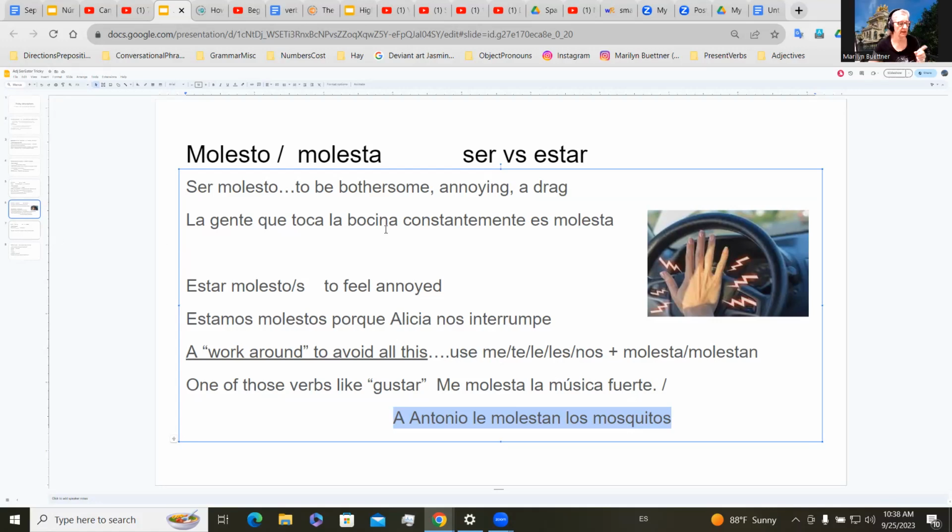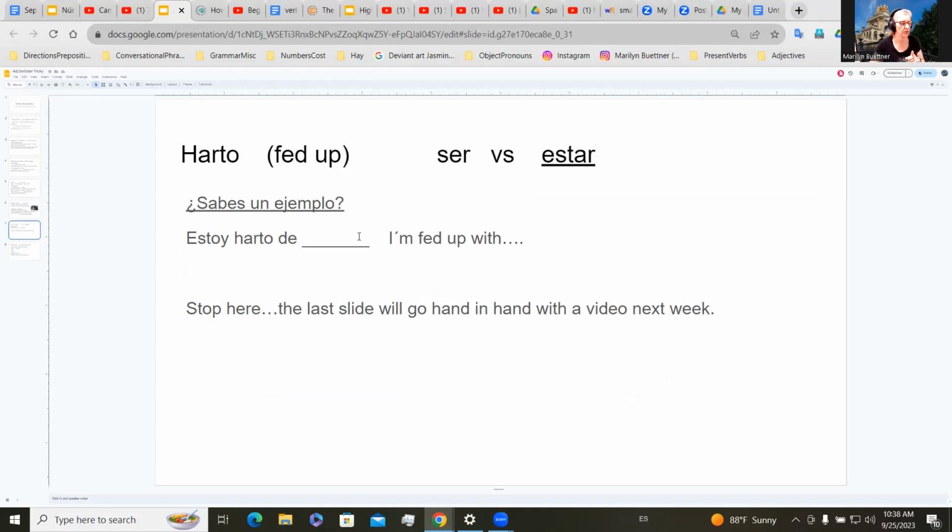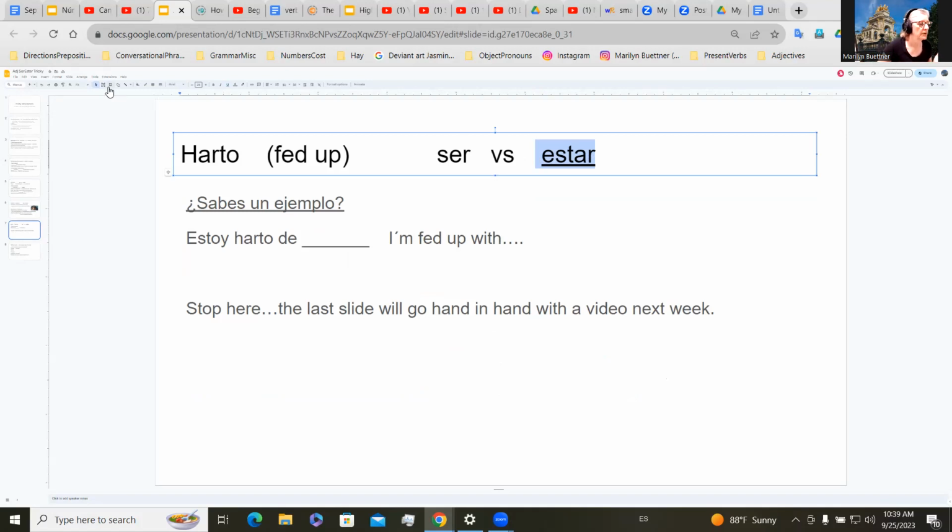And I'm not going to play the rest of this, because I want to save some time for our verbs. I'm going to just do one more. You might hear this word harto with ser or estar, but usually you use it with estar. It could be used either way, right?